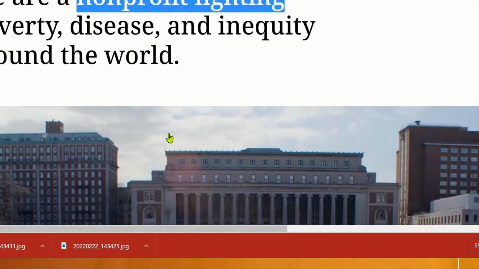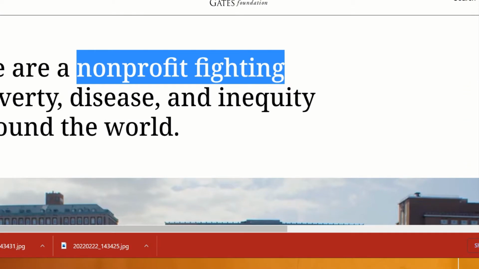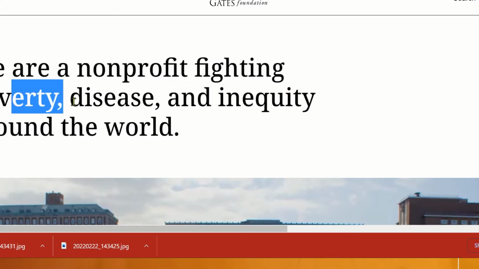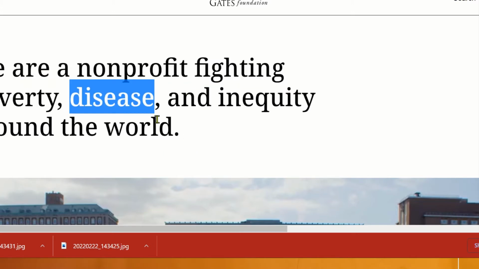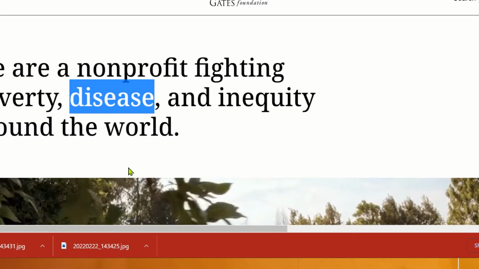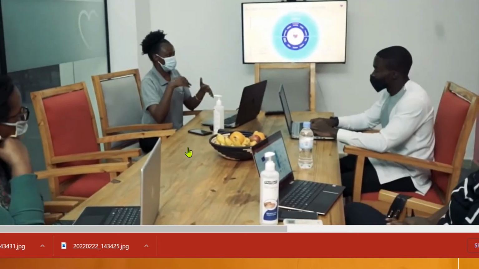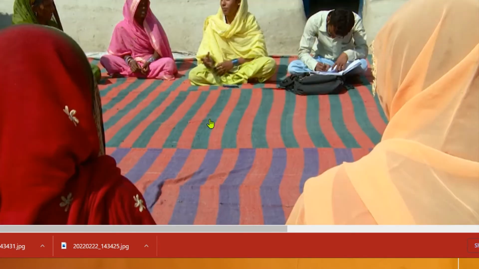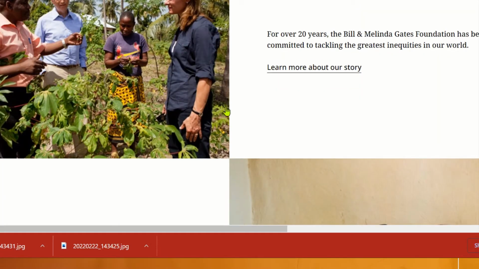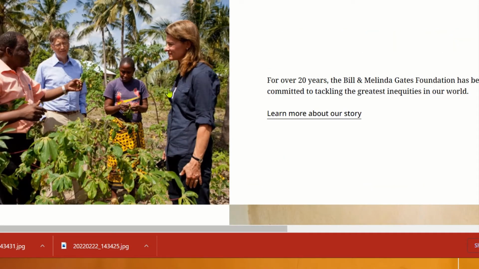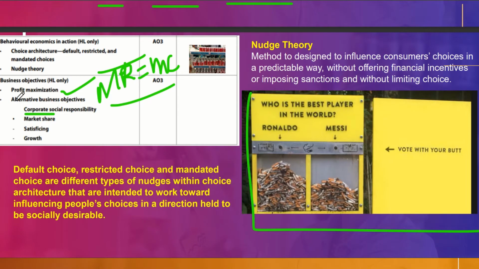Without the aim of profit, they are working for the development of society through poverty eradication, providing healthcare facilities, and promoting education. They work largely in Africa and Asia mostly, right? Their objective is different. This is said to be corporate social responsibility.